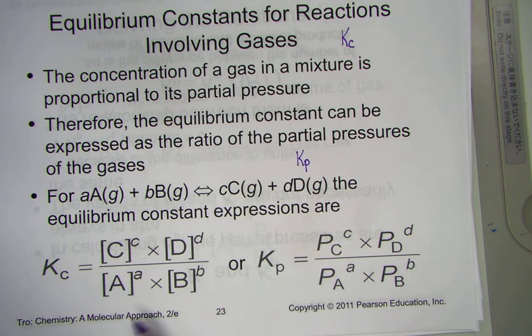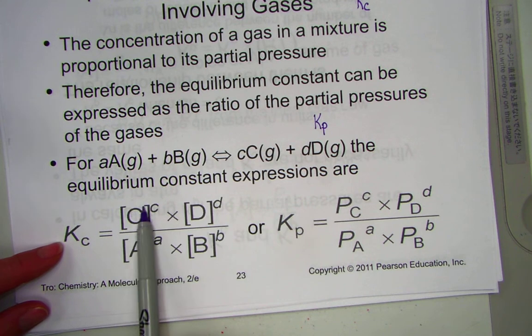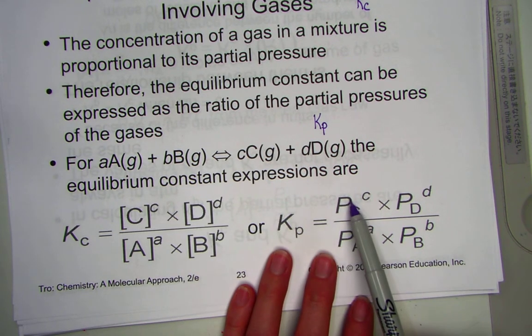Still the same idea. Before, we talked about concentration, and notice how we used brackets to denote molarity. In Kp's, we use partial pressures.